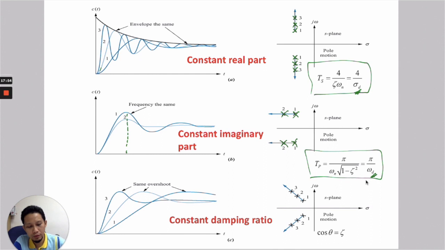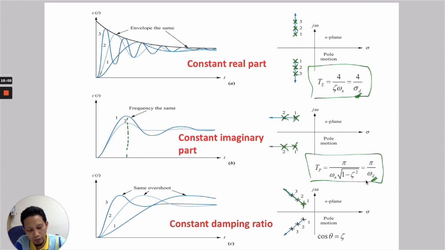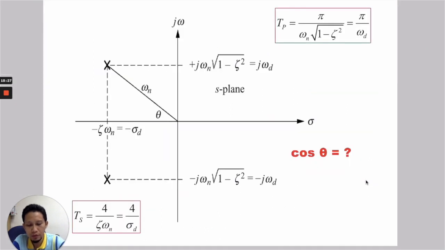Next is the constant damping ratio, as shown in figure C. When we have a damping ratio, we have this line, and if we have poles located along this line, we have the same overshoot because it is related to cos theta, which is equal to zeta. Remember, cos theta equals zeta, we can see from this here, the same angle theta.